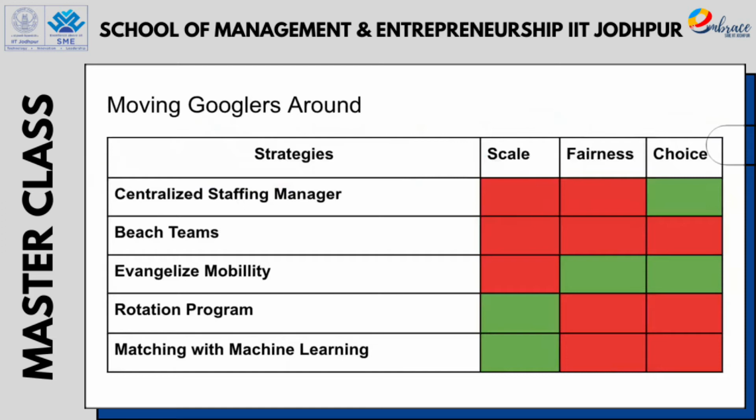That is where Google ended up looking at the economics of matching markets. As I introduced in the first instance, matching markets is a field within economics which tries to study how centralized markets operate at scale and at the same time achieve fairness and choice. By definition, they are not only centralized markets, but also the mode of transaction is not money.